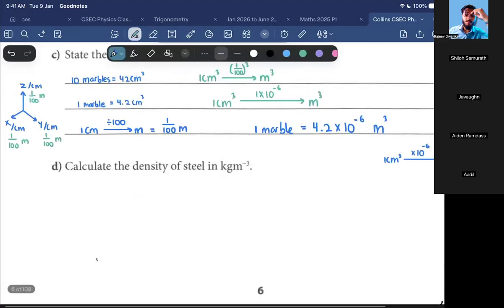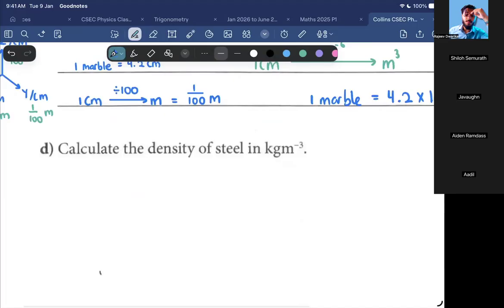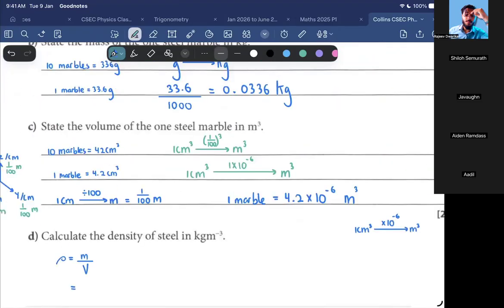Now we're to calculate the density. So tell me, what was the density formula? Javon? Sir, mass over volume. Mass over volume. Right. What's the mass in kg?